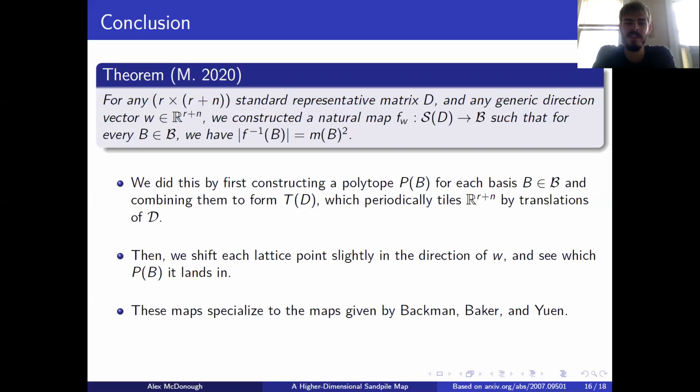And something interesting about this is that the maps actually specialize to the ones given by Backman, Baker, and Yuen. They did the case where you have a regular matroid where all of the multiplicities are 1. It's not obvious that these are the same, and the constructions are very different. So you have to do some work to show that it does in fact specialize.